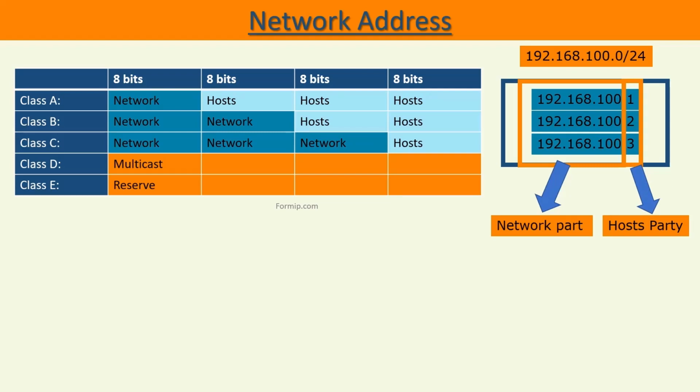The IP address tells us which subnet they are in. The network address must be the same for all hosts, and the host part must be unique. Each subnet must have a network address.